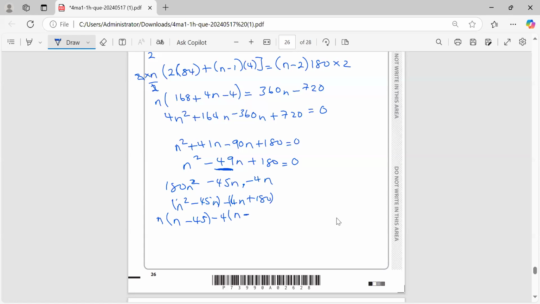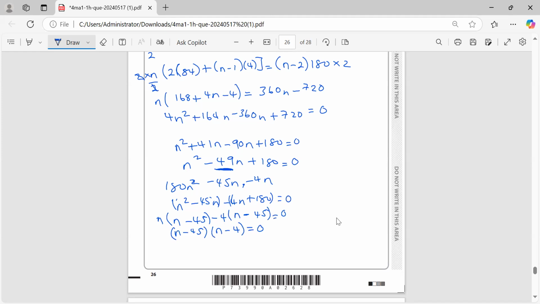If you divide 180 by 4, you're going to get 45 as well. So you now have a repeating bracket, which is n minus 45. That's the first bracket. And the other one is just n minus 4, right? Because all of them are equal to 0.